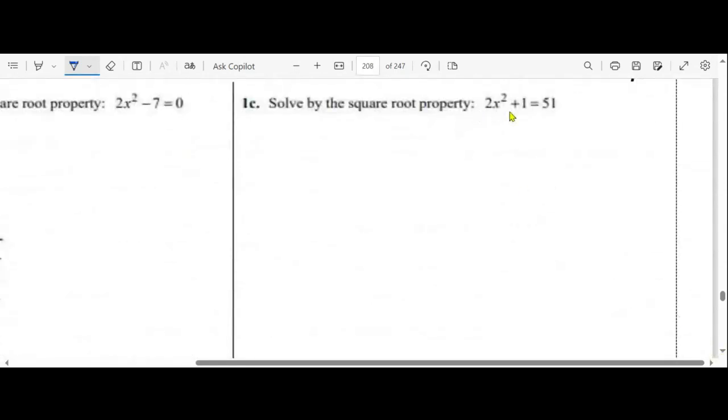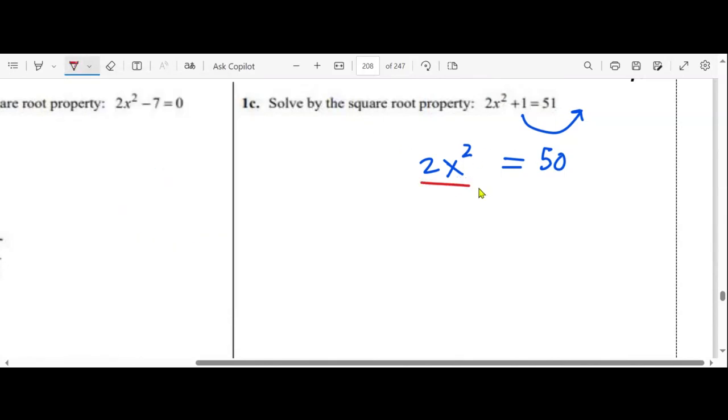Let's do another one. Solve by the square root property. Isolate the x squared. You get 51 minus 1 equal 2x squared. How can I isolate x squared?